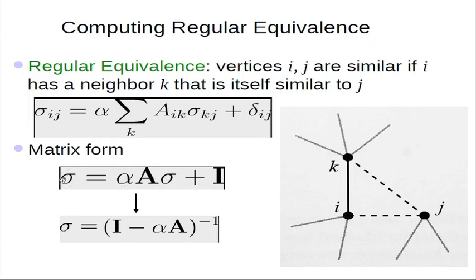Okay. From there, if you try to quantify this, just writing it in the matrix format, just as we wrote in case of our PageRank vectors, sigma is equal to alpha A sigma plus I, which is the delta ij. As I said, I is the identity matrix, and it will only have the diagonal entries, whereby we assume that the nodes are only regularly equivalent to themselves to start with.